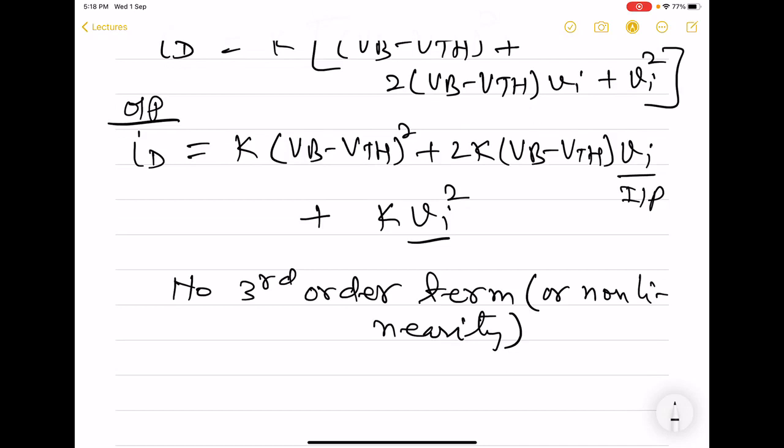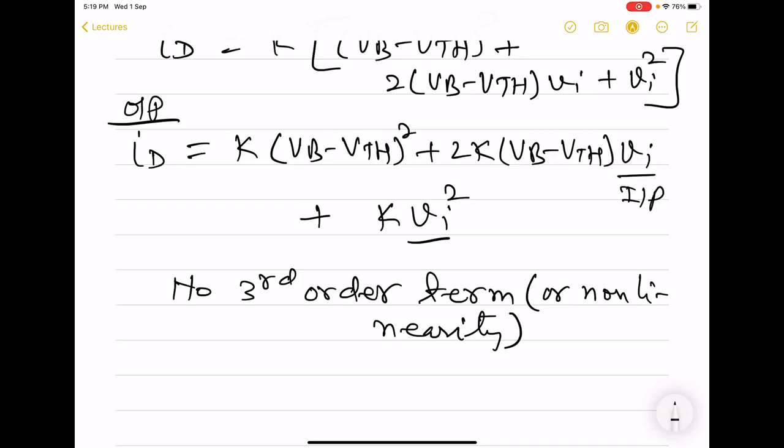Now suppose we want to know what is the third order non-linearity in this common source configuration, then we will have to take a more accurate expression for the drain current.